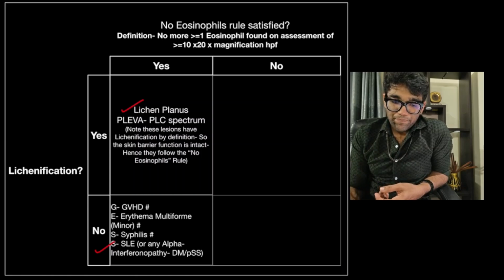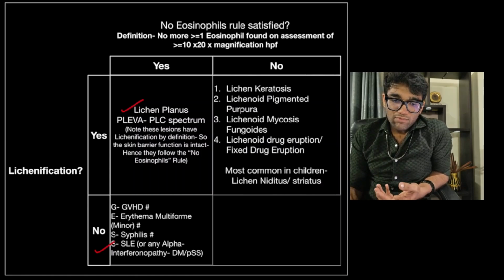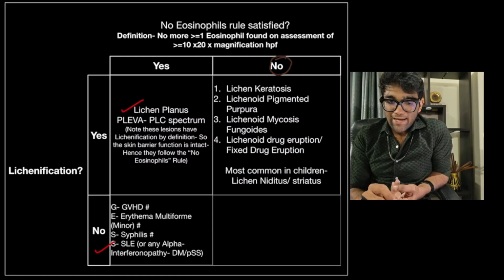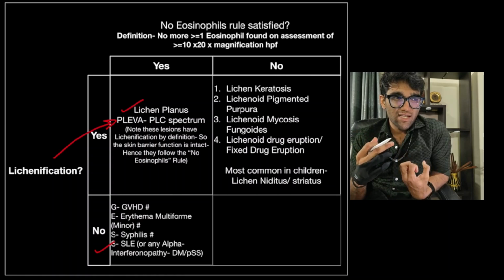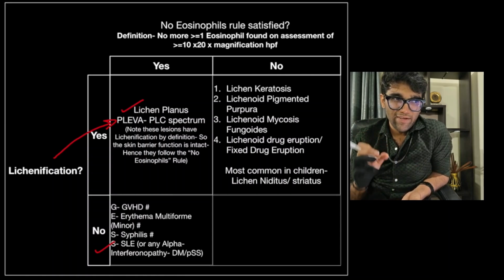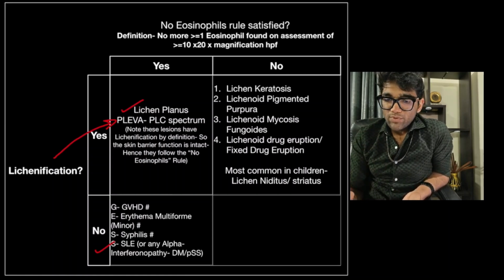Okay, now disorders that do not fit the no-eosinophils rule are just the same, like disorders with lichenification, but either disorders that are very florid or very acute. So this would include lichenoid keratosis, lichenoid pigmented purpura, lichenoid mycosis fungoides, and a lichenoid drug eruption.